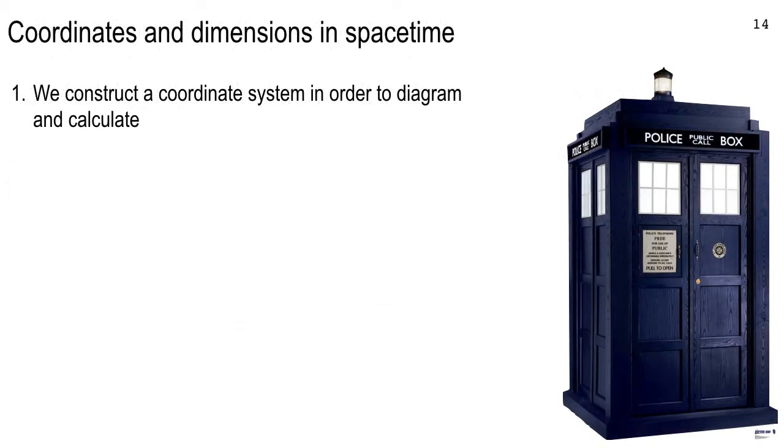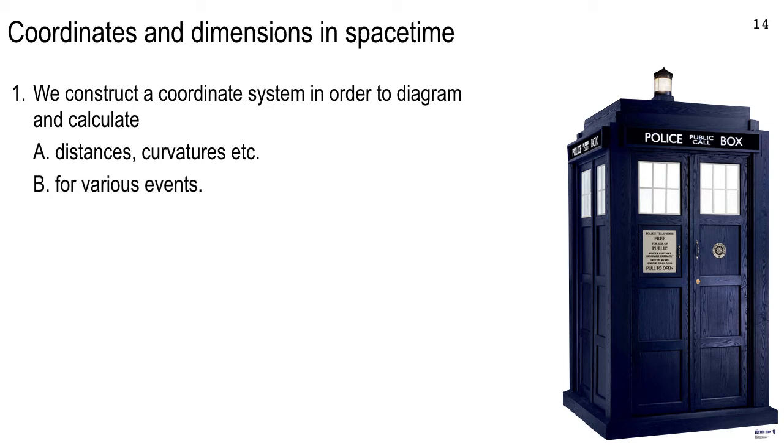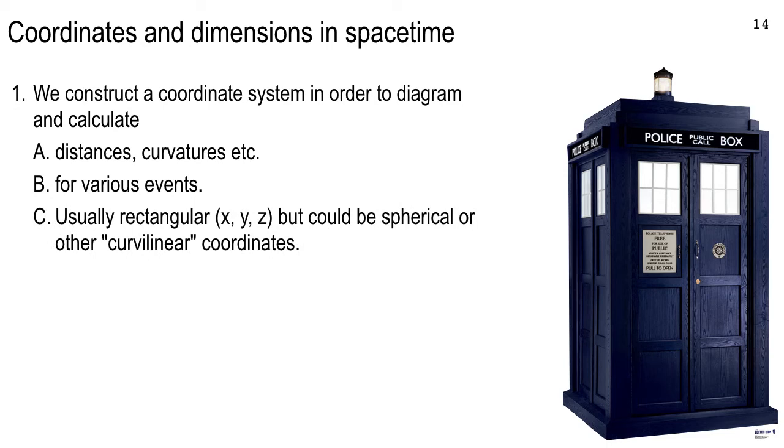Last time, we talked about coordinates and dimensions in space-time. In order to make our calculations of velocities and curvatures and distances for various events, you have to have some kind of a coordinate system. Einstein's classical definition of coordinates was a fixed object like a ruler, a meter stick, that you could use as a coordinate.